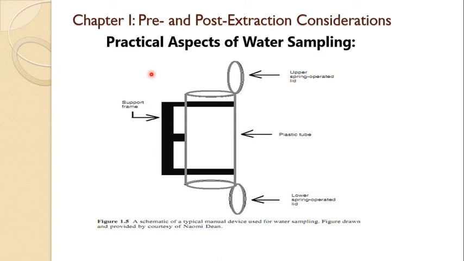Water is often a heterogeneous substance with both spatial and temporal variation. So what is meant by spatial and what is meant by temporal? Spatial variation occurs due to stratification within lakes, due to variation in flow, chemical composition and temperature.